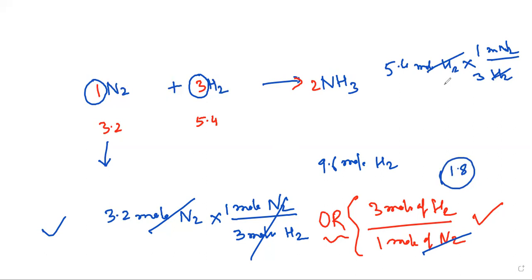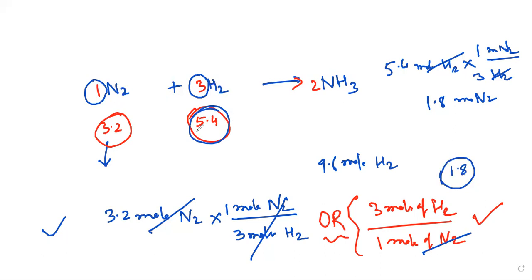So how much will it be? 1.8 moles of N2. We have 3.2 moles of N2 and need 1.8, so H2 is the limiting reagent. This will decide the amount of product.